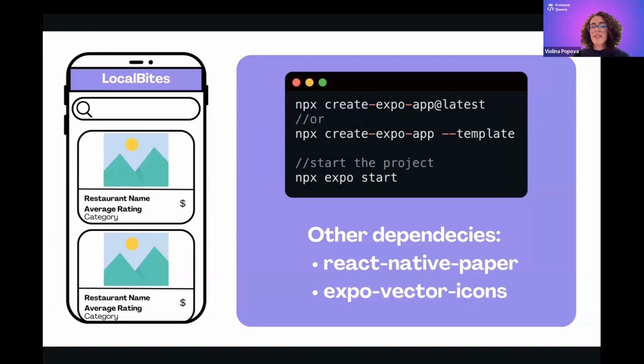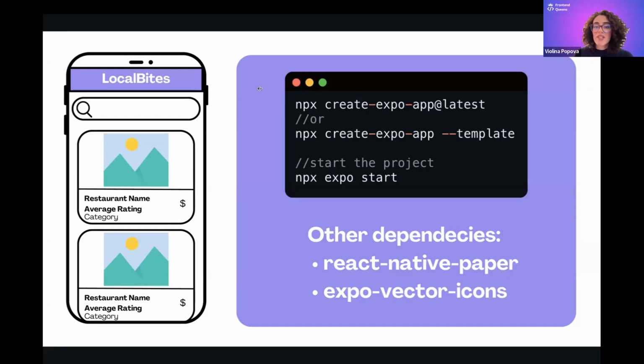And the other way, and this is my preferred way because we are not going to use Expo Router in this project, is to create a blank project with npx create-expo-app --template. I already did this in order to save time because this process sometimes takes longer.